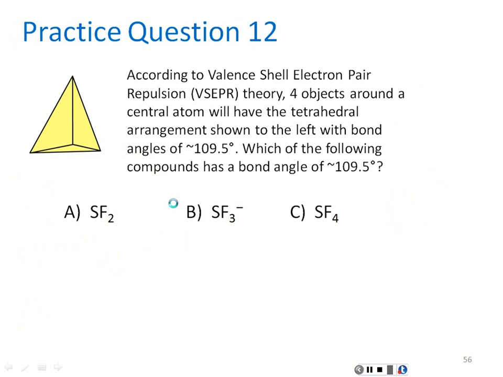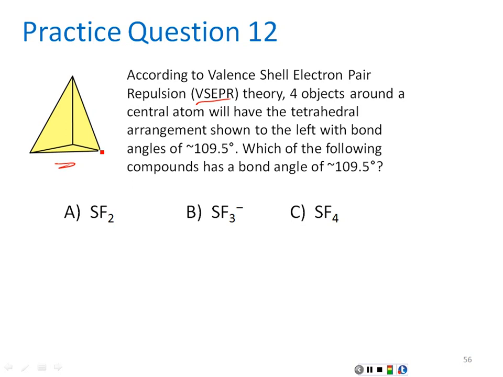Okay, and on to question 12. According to valence shell electron pair repulsion, or VSEPR theory, 4 objects around a central atom will have a tetrahedral arrangement, shown here on the left. And the bond angles are going to be 109.5.